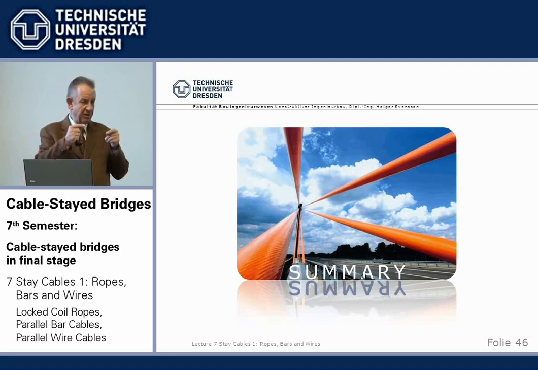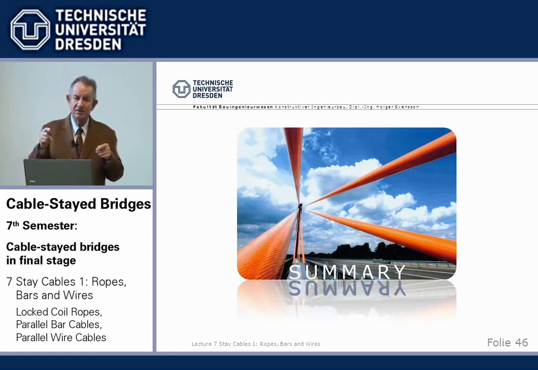We have the lock coil ropes, galvanizing of the wires, filling with some wax, petroleum wax if you want to, and painting in various layers. So it's 3 barriers. The bars are basically a thick steel pipe at the outside filled with concrete, but that's not very important.